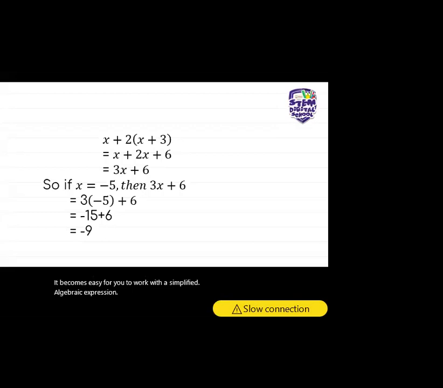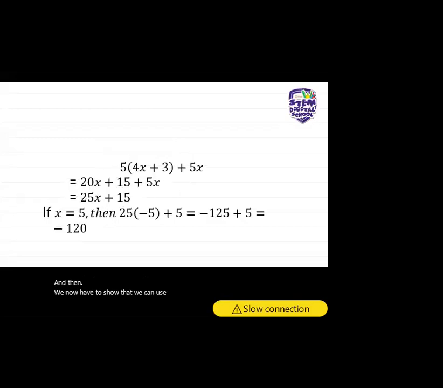Right. And then we now have to show that we can use it even in the second expression. And of course, we had 25x plus 15. If you can remember, it was answered by Tinashe, amongst other people.